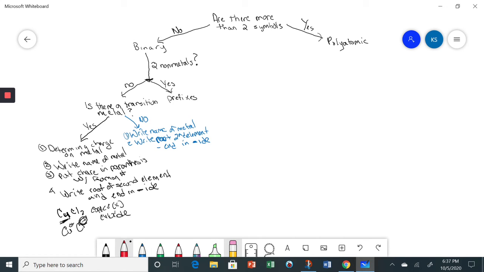If we have prefixes, you're just going to use the appropriate prefix and name the first one, use a prefix, the root of the second, and end in IDE.